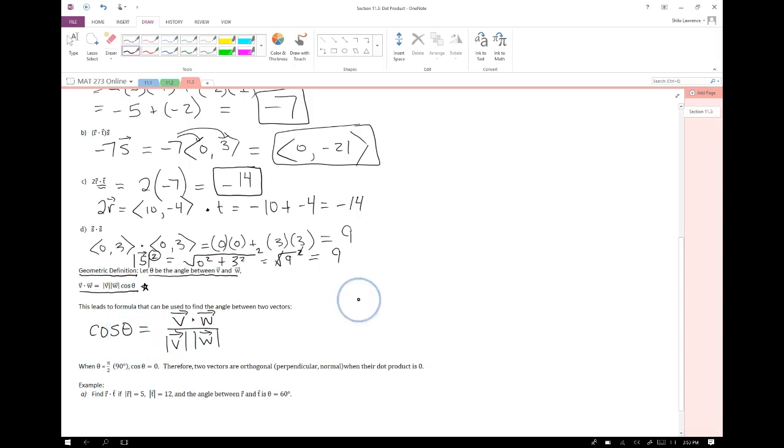Now typically, if you think about two vectors in standard position, let's say this is v, and let's say this is w. There's technically two angles between these vectors. There's one counterclockwise angle, and then there's one clockwise angle. And our calculation here is always going to give us the smaller of these two.